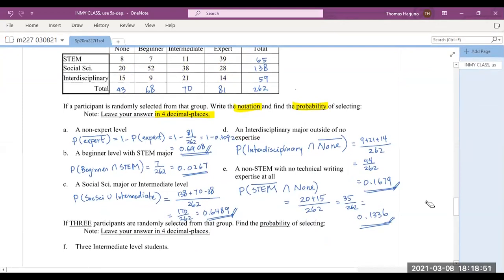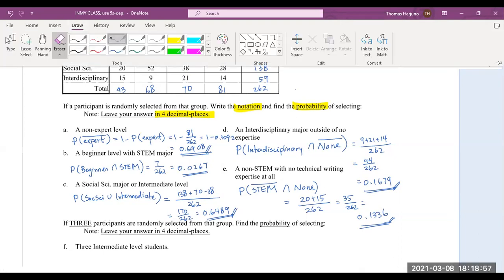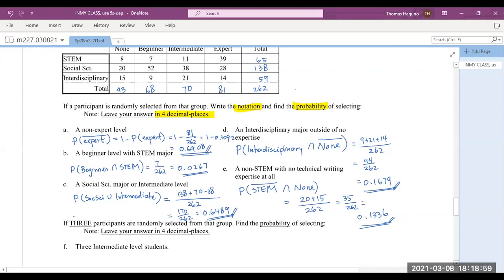Okay, the next couple questions, I will just go ahead and do that. Part F. If 3 participants are selected from that group, find the probability of selecting 3 intermediate level students.